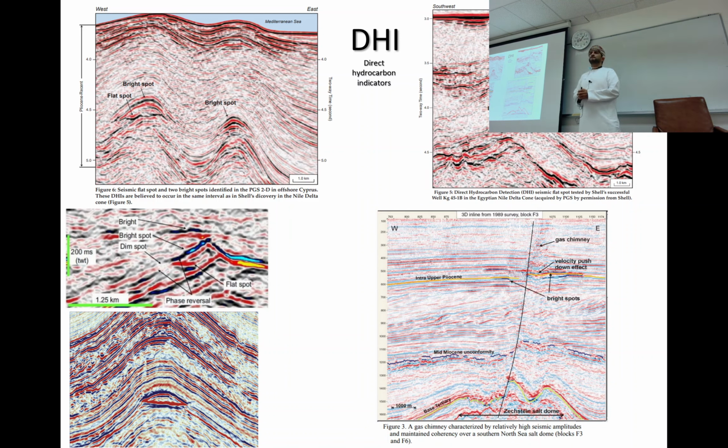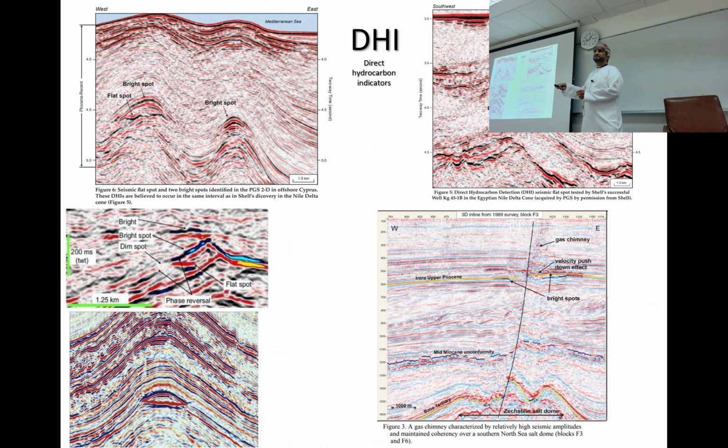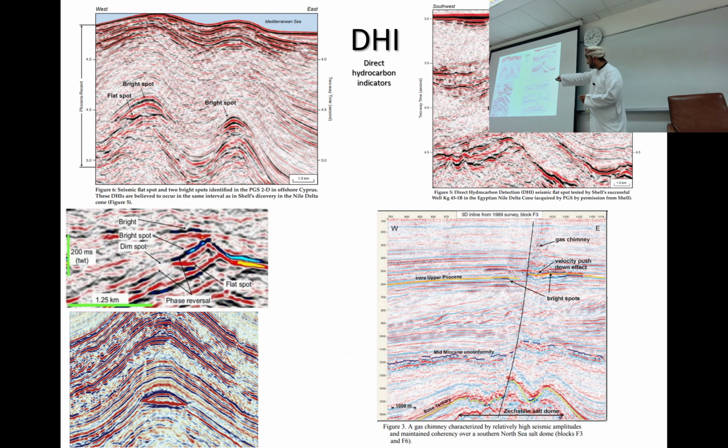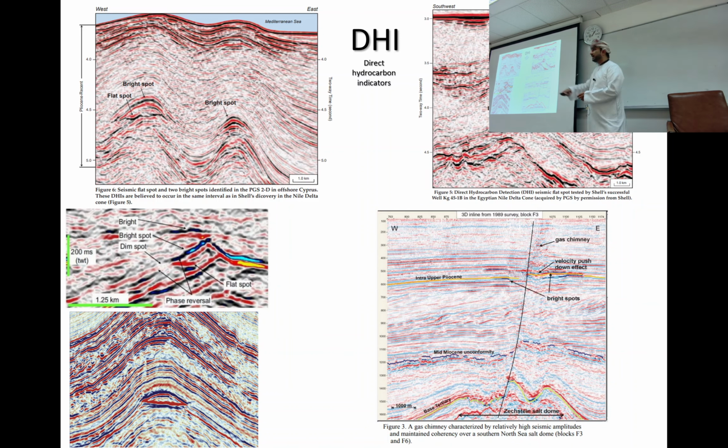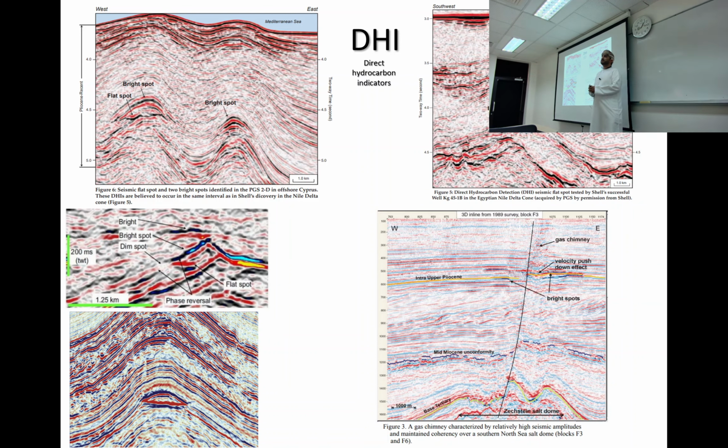That's a rock of low permeability, low porosity. Oil cannot go through or leak through these layers. And that's the reason there could be accumulations with these signatures.